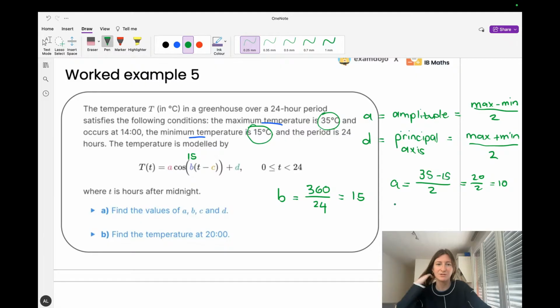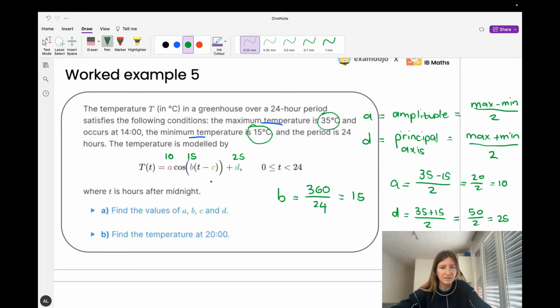So there we have our amplitude, our A. I'm going to write that on top there, 10. We know that. Write things in as soon as you know them. D, we could do max plus min, 35 plus 15, which is 50, over 2, 25. All right, we're finding values here.